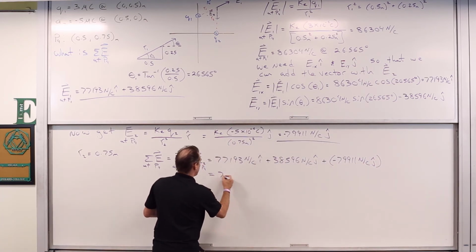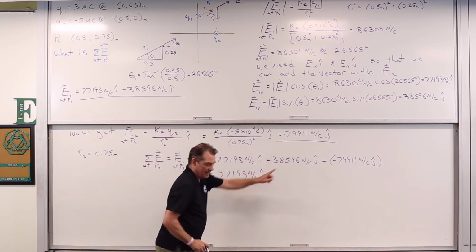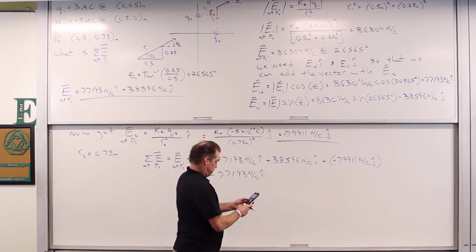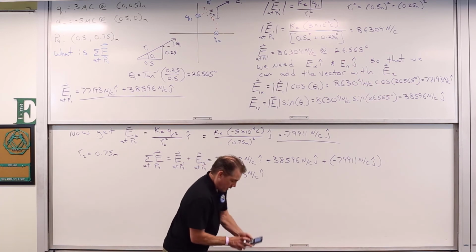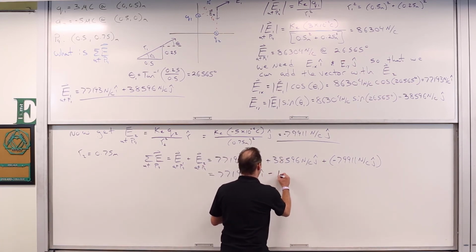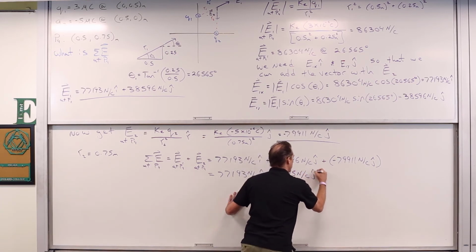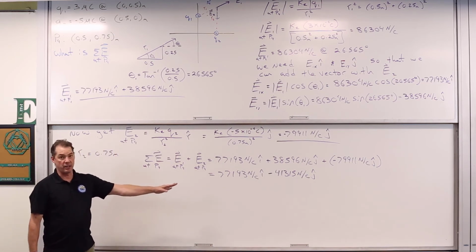So the I hat component stays the same, 77,193 newtons per coulomb I hat, and then the J hat component becomes 38,596 minus 79,911, which is negative 41,315 newtons per coulomb J hat. So there is the vector sum in unit vector notation.